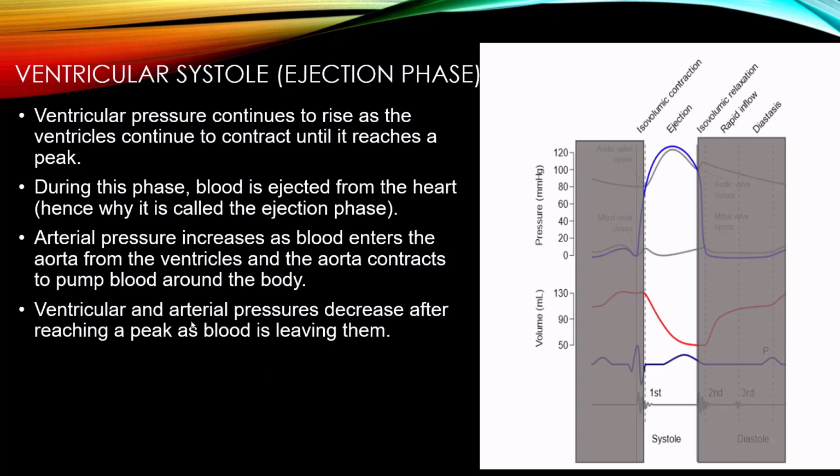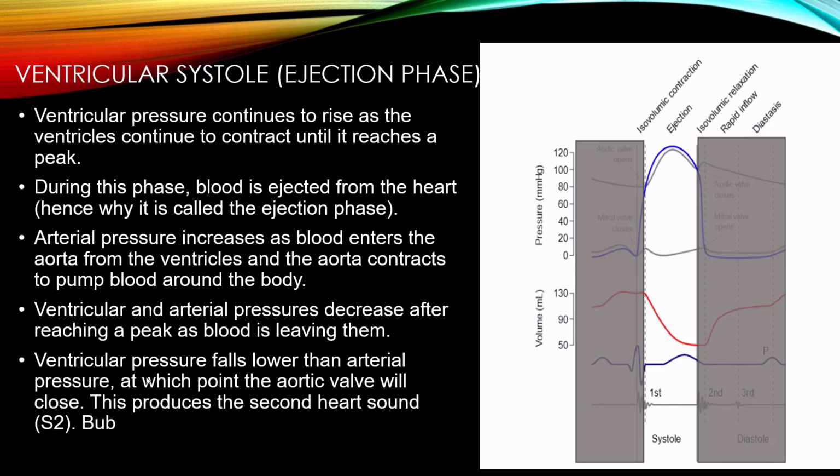Ventricular and arterial pressure decrease after reaching a peak as blood is leaving them. Here, when the blood leaves the ventricle, the ventricular and the aortic pressure decrease, and there is a fall in the aortic and ventricular pressure. Ventricular pressure falls lower than the aortic pressure, at which point the aortic valve will close.